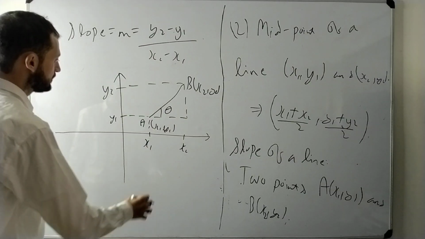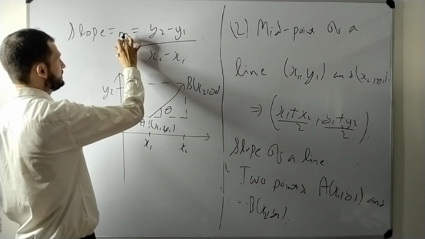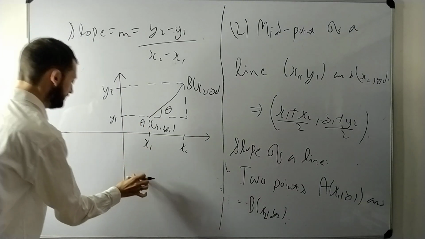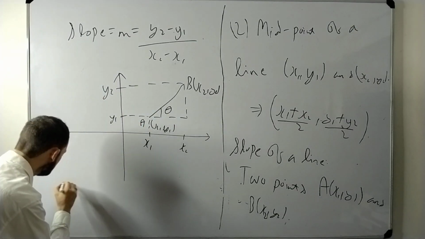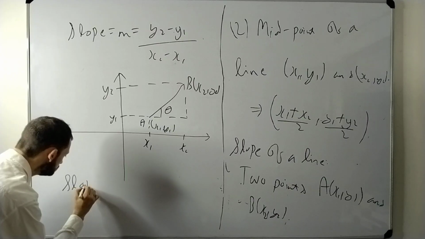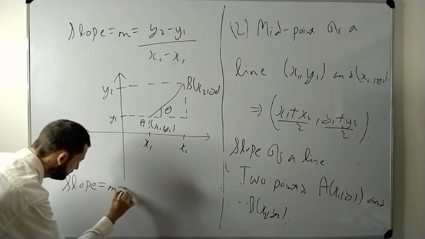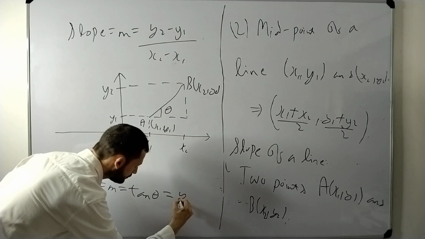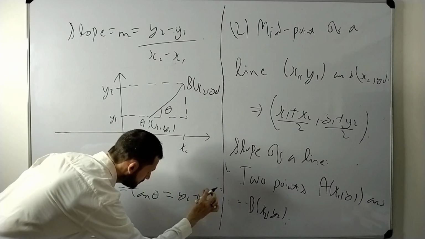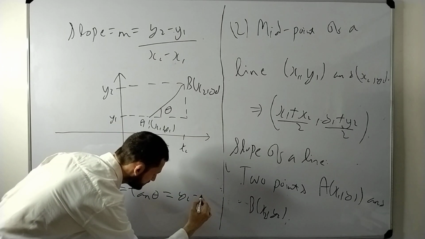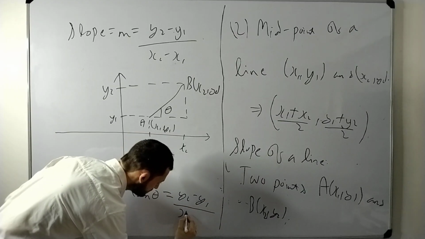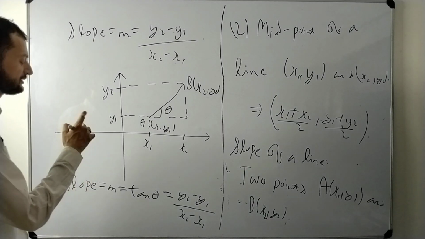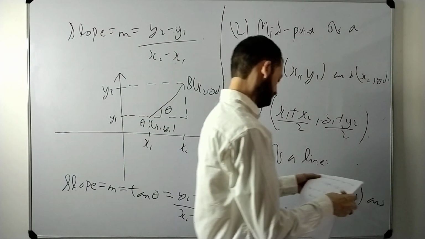So this is the slope, actually tan theta. Sir, you have not written tan theta. So slope m equals tan theta equals y2 minus y1 upon x2 minus x1. Yes, that is correct.